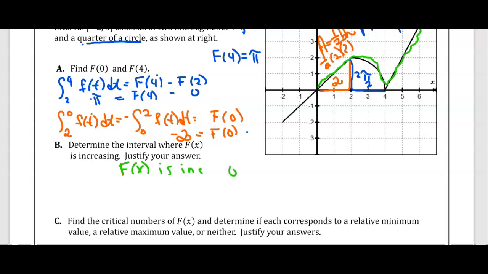So you're going to say 0 to 4. You could also write it this way. And then 4 to 6. And you could also write it this way.